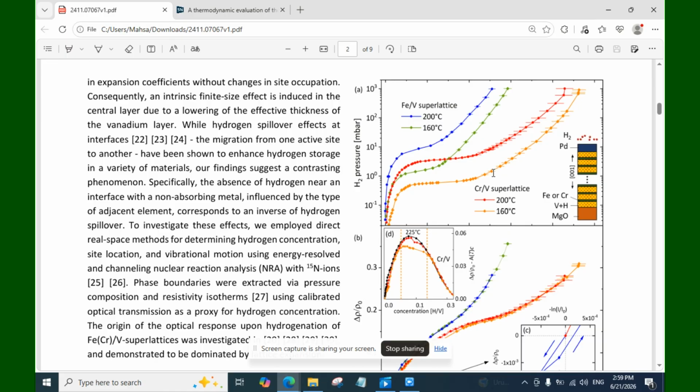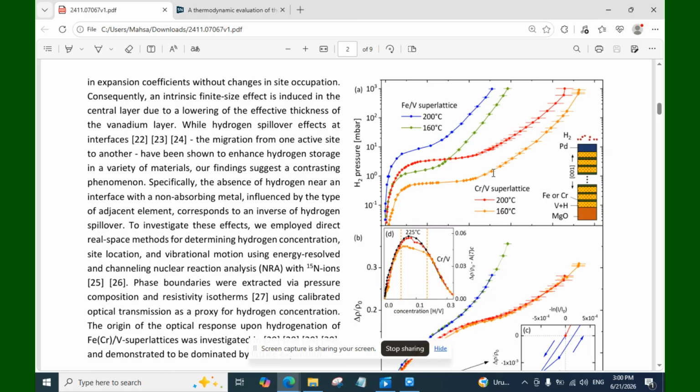Our findings suggest a contrasting phenomenon, specifically the absence of hydrogen near an interface with a non-absorbing metal, influenced by the type of the adjacent element, which corresponds to an inverse of hydrogen spillover. To investigate these effects, we employed direct real space methods for determining hydrogen concentration.